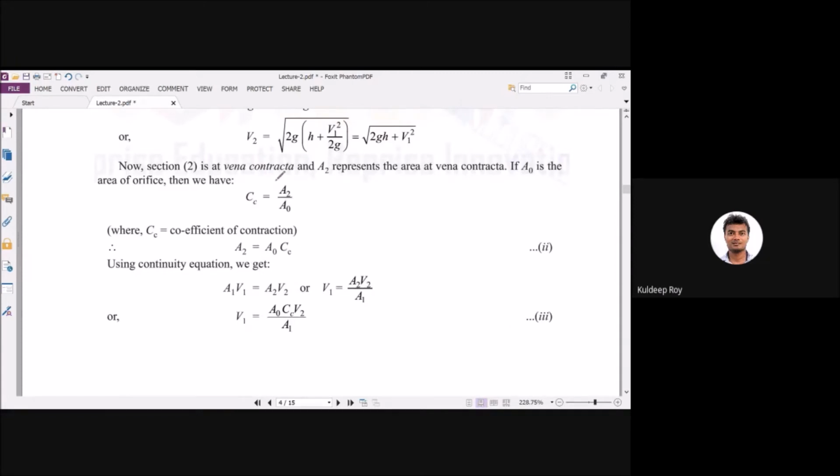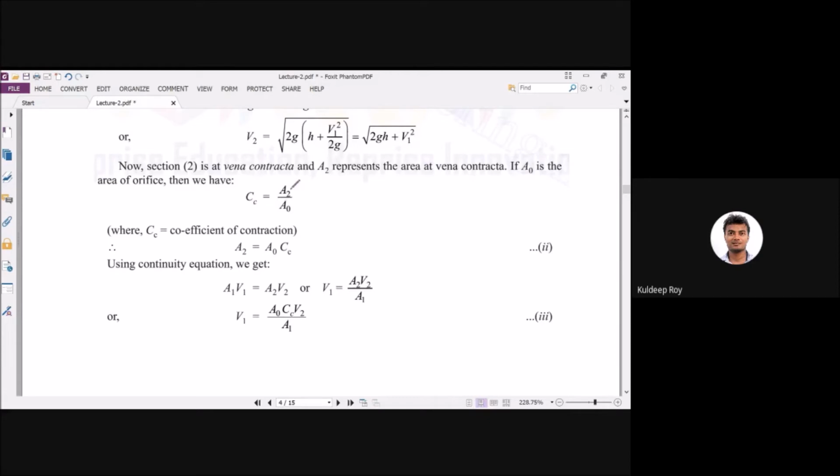It means that when the vena contracta region is created at that particular point, you have to determine how much contraction has happened due to applying the orifice plate. So you determine the ratio A2 by A0, and this value will be Cc.